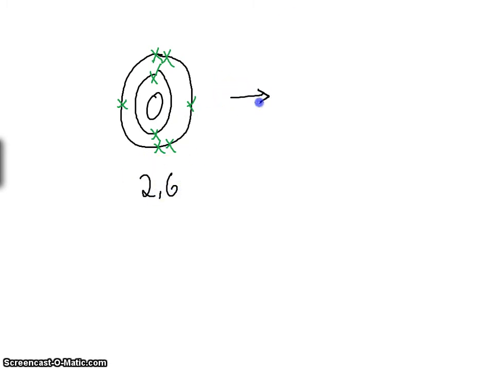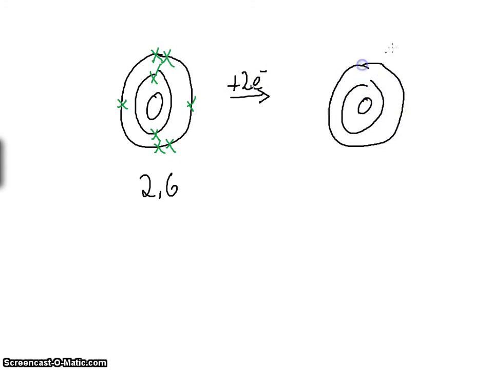And now to turn it into an ion, to fill up the outer shell, we need 2 more electrons here. So we add 2 electrons, which will have come from a metal somewhere, and it's still oxygen in the middle. And now our outer shell has got 1, 2, exactly the same as before.